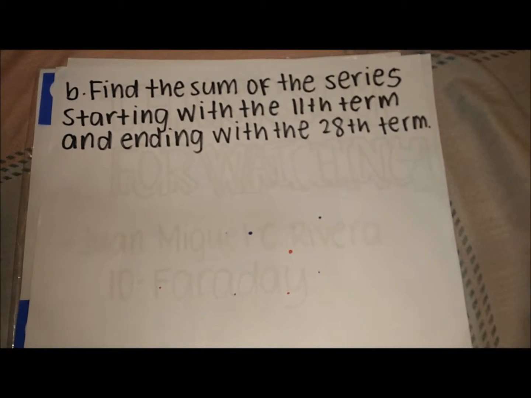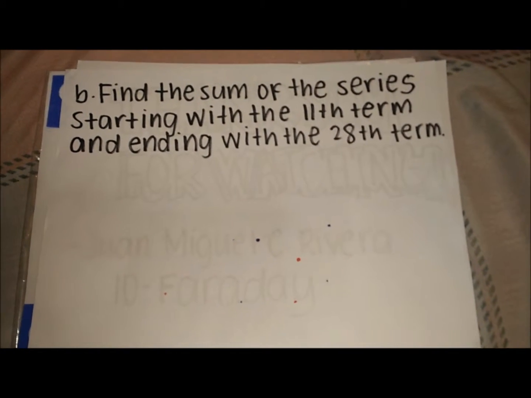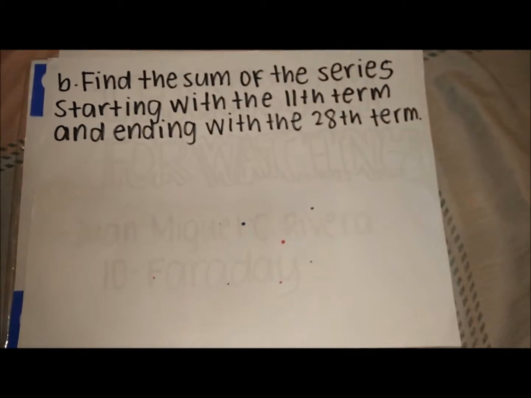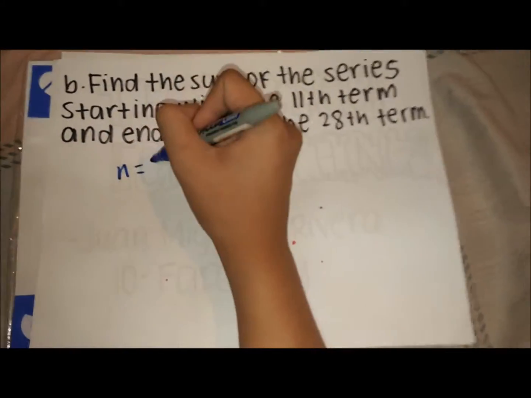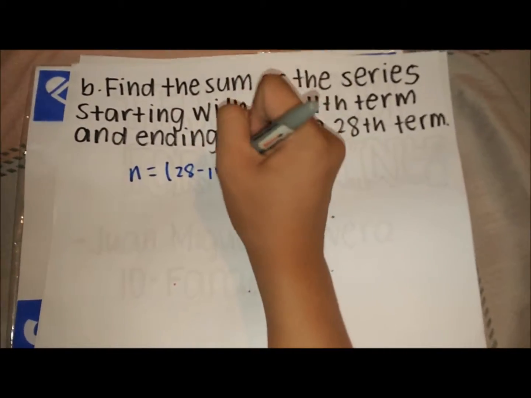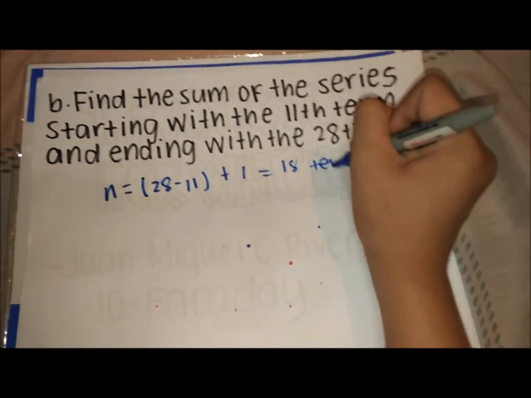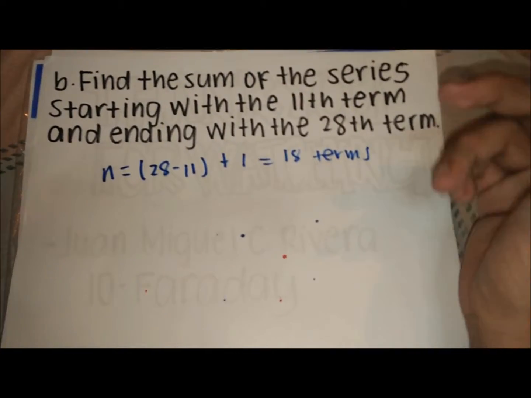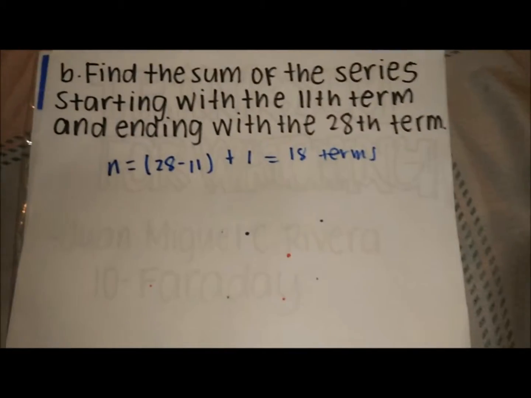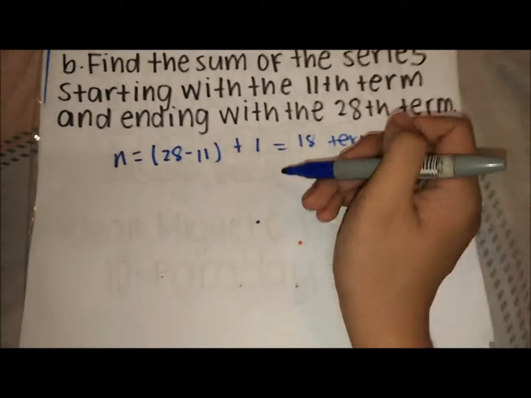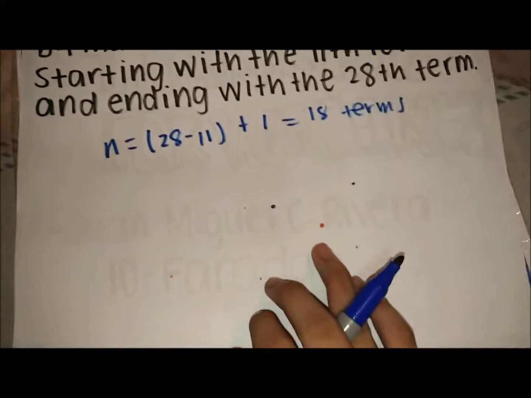But from 11 to 28, you need to get 18 terms. Why is that? Because n is equal to 28 minus 11 plus 1. If you subtract 11 directly from 28, you'll get 17 terms, which will not suffice.